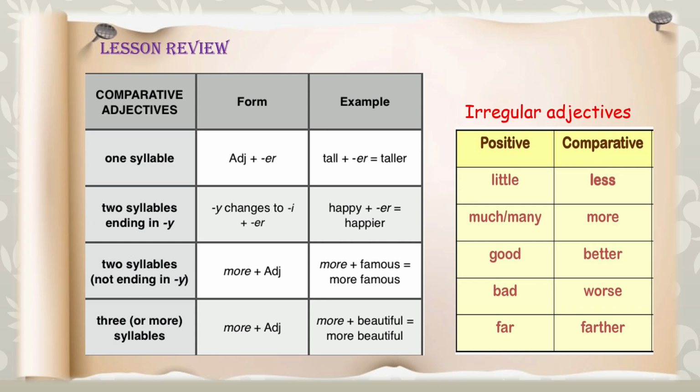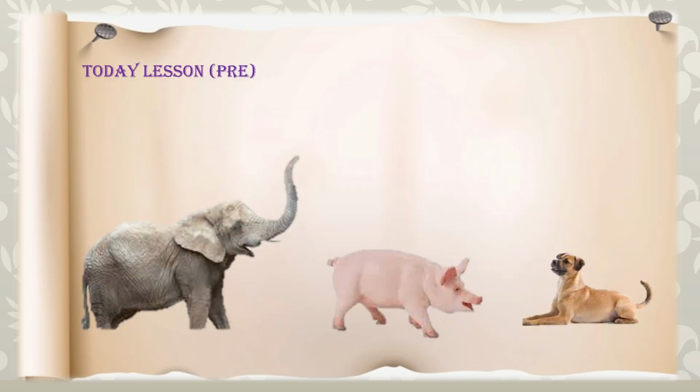Okay, so now let's get started with today's lesson. Everyone, by seeing the three pictures, I hope you might get some ideas. What is the difference between these three? The first one is an elephant, this one is the pig, and this one is the dog.